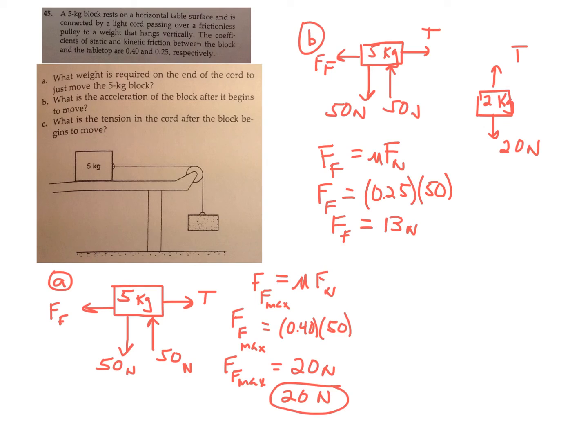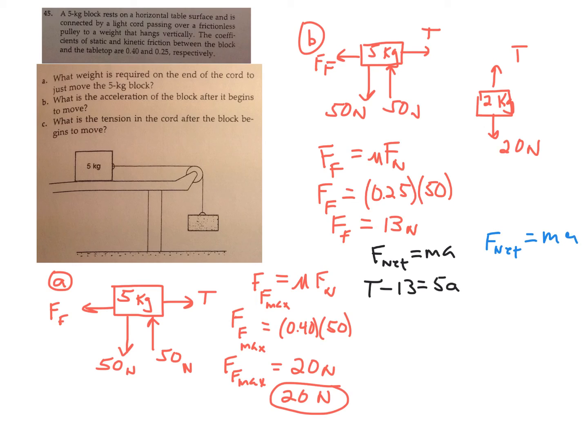So for the one on the table, I'll use black for that one, F net equals ma. F net is the bigger force. It's going to accelerate to the right, so T is the bigger force there. So it's T minus the force of friction, which is 13 newtons, equals that mass on the table, 5 times A. For the hanging mass, I'll use blue, F net equals ma.